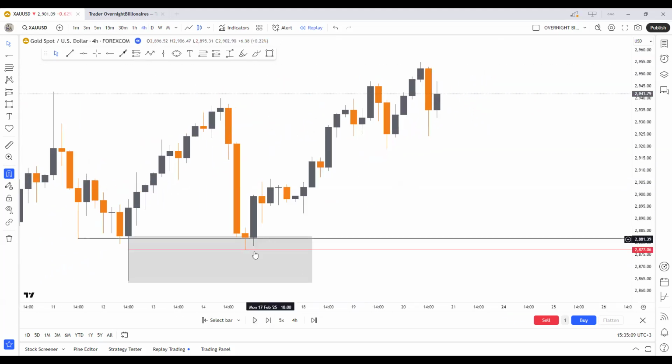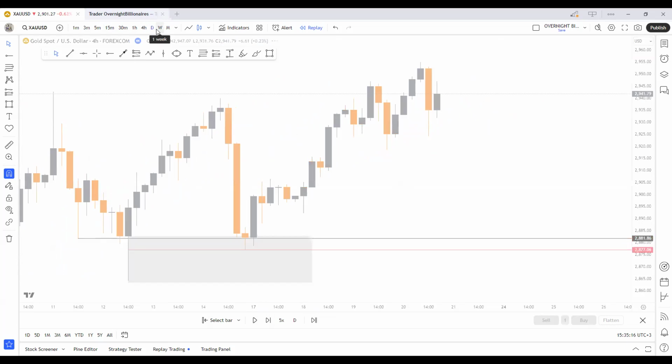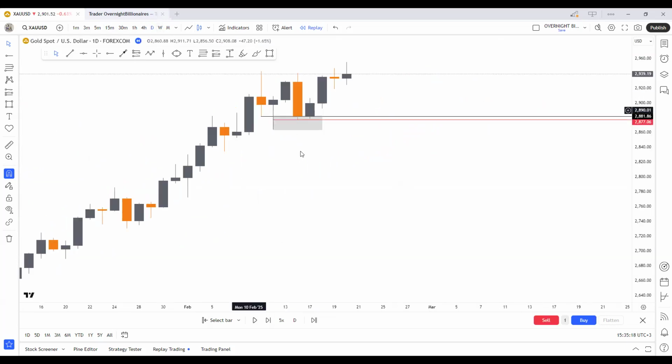And you can clearly see that the price came here, tapped, then proceeded to the upside direction. That's the second example. And I think we had another kind of failure.